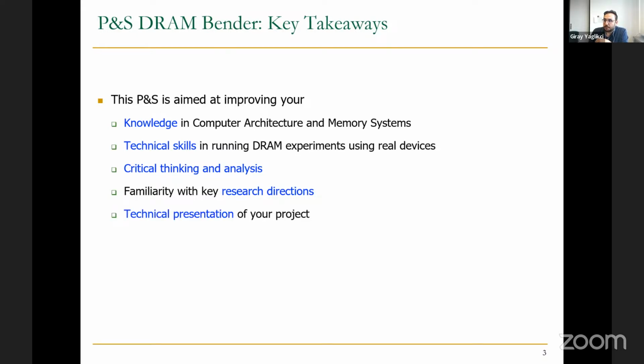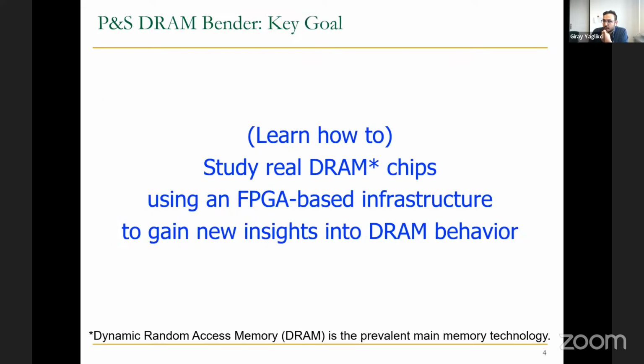We also aim to improve your technical presentation skills for this project and in general, and we expect some good communication skills at the end of this course regarding these research topics.